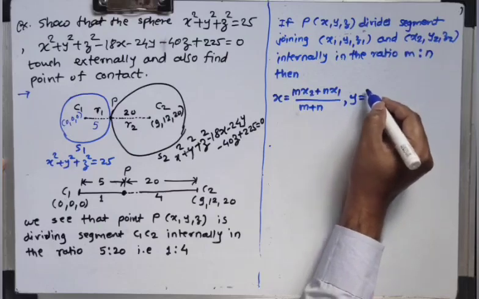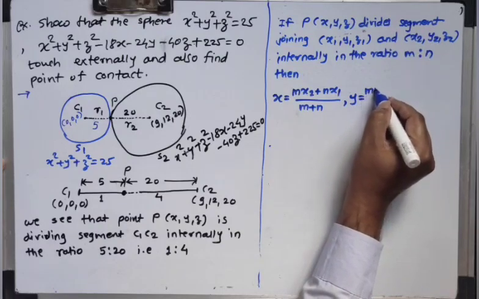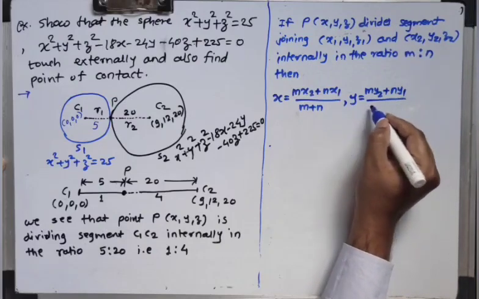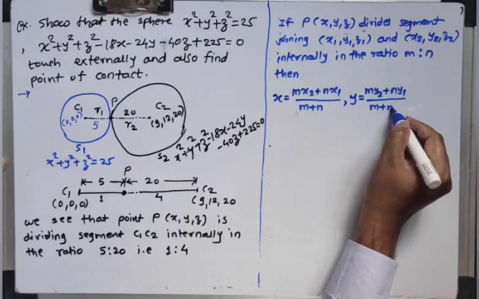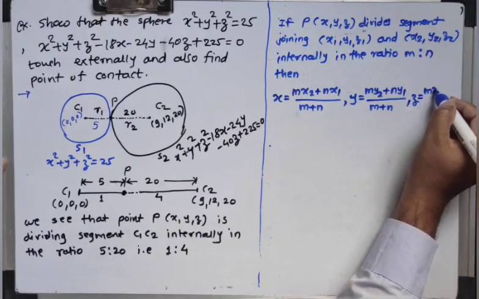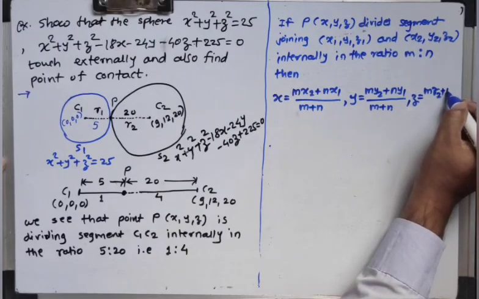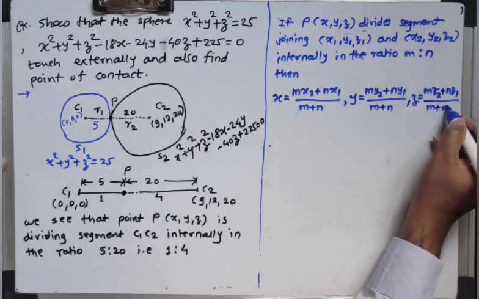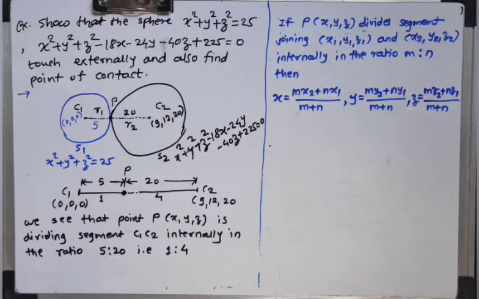Y coordinate is my2 plus ny1 divided by m plus n, and z coordinate is mz2 plus nz1 divided by m plus n.